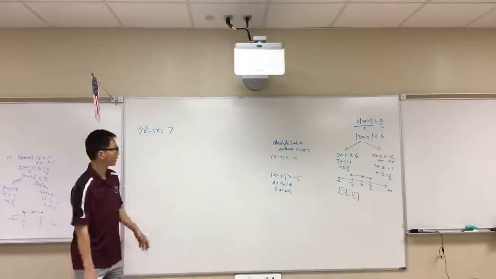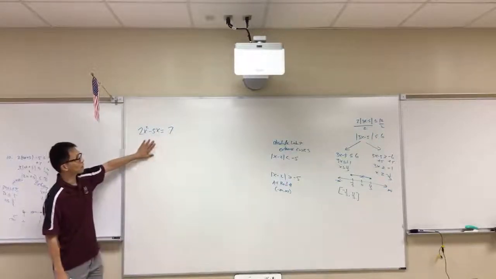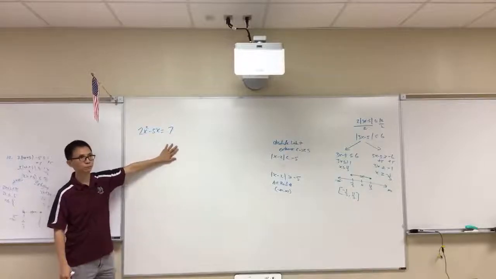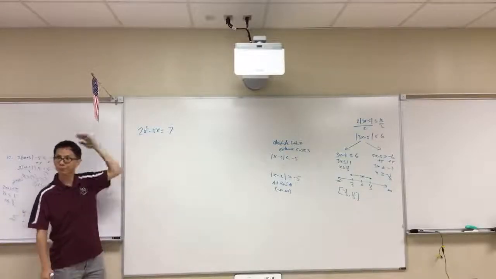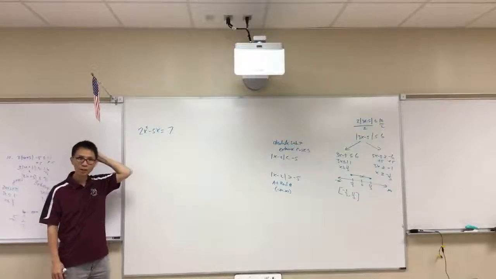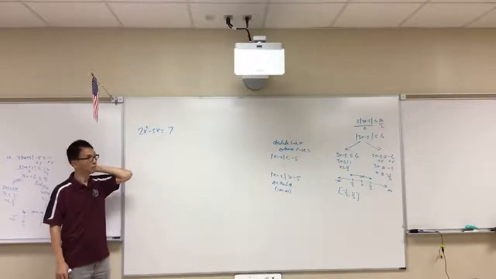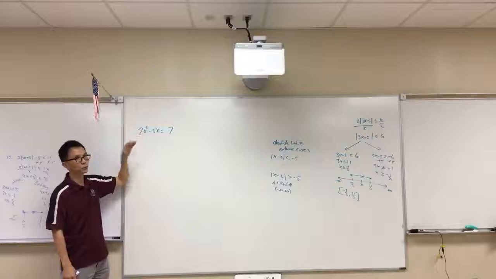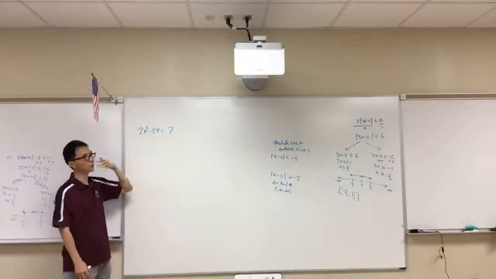But again, how about this question? This is a quadratic equation. How would you do this problem? What are your suggestions? Square root, okay. What do you think you're going to accomplish when you square root this?